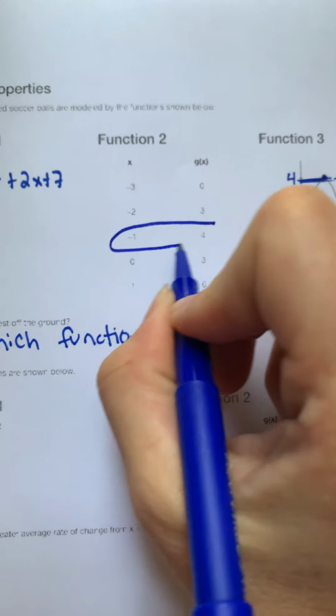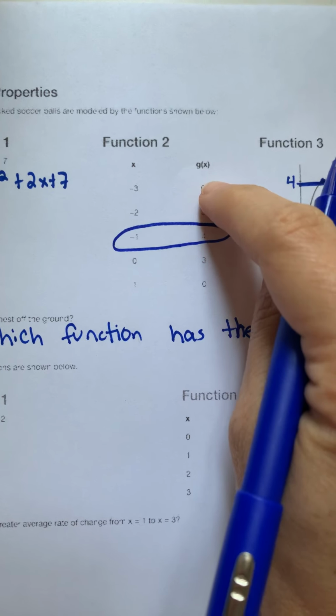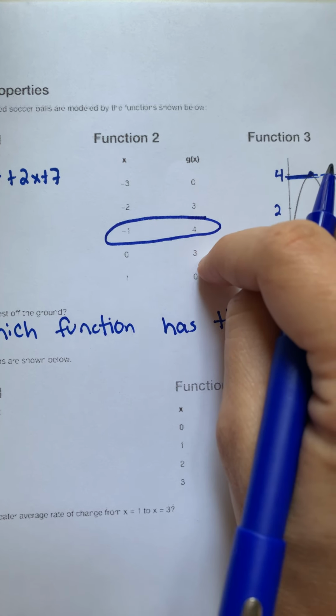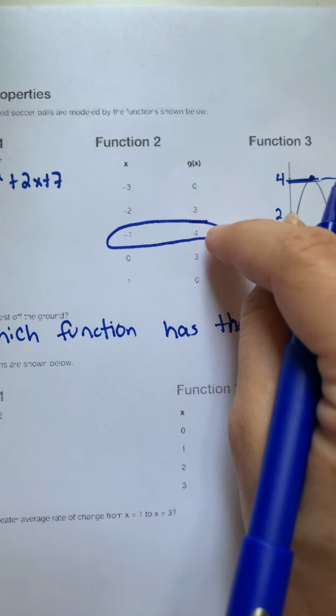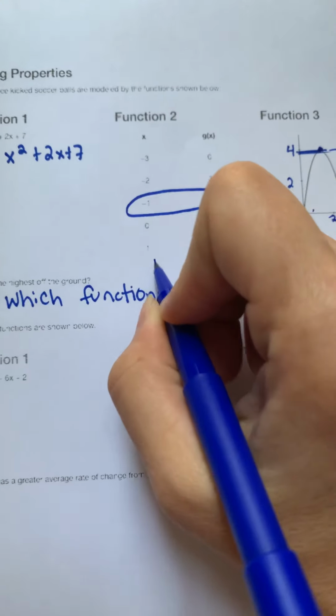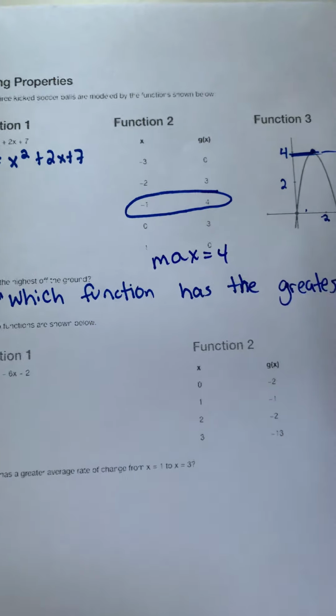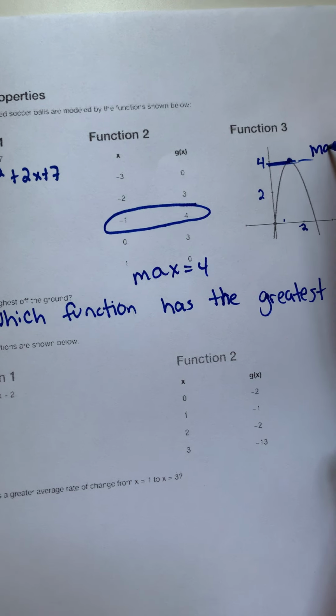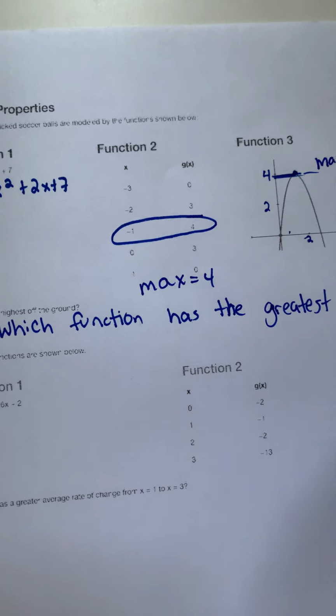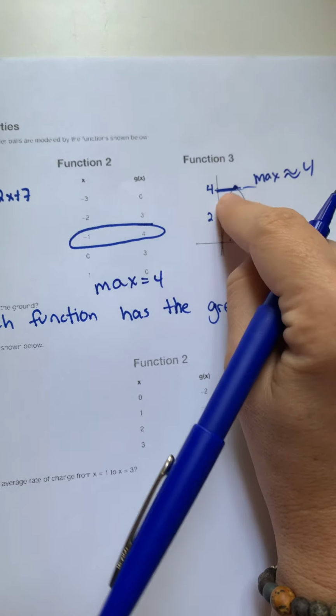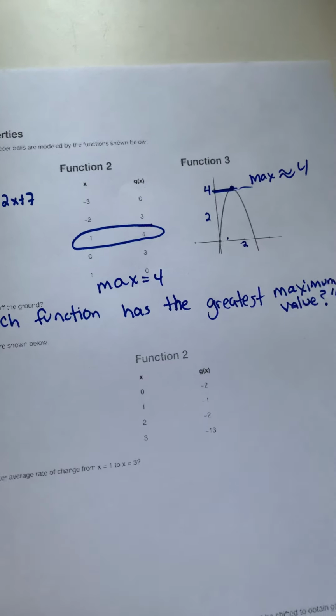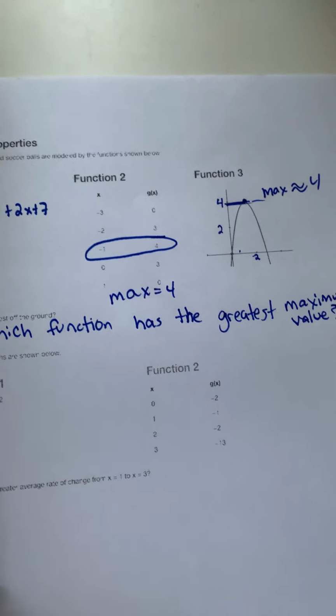So this is my vertex right here. You see how it has that pattern? 0, 3, 4, 3, 0. That's my max. So my max here is 4. Max here is around 4. It's really hard to see. It looked like it was below 4 when I looked on my computer.